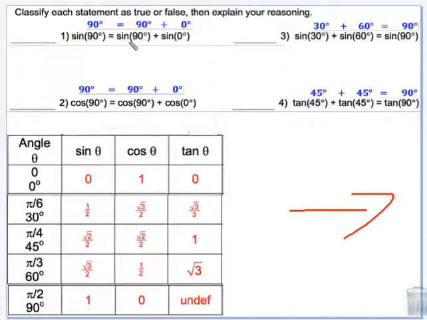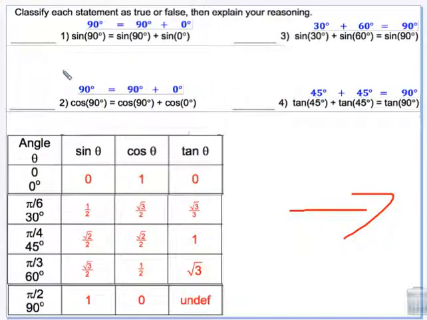So in this example, we have sine of 90 degrees plus sine of 0 degrees. Well, if you take the angle 0 plus 90, that equals 90. And you'll notice with all of these problems, if you add up the two angles, here's 30 and 60, those will add up to 90, 45 and 45 equal 90, and again 90 and 0 equal 90.